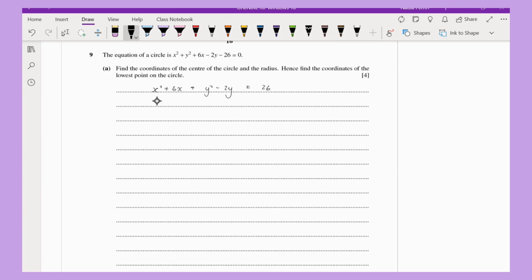So what we're going to do for this one is we're going to do x plus 3. So we're halving that number. And then we subtract that number squared. We do the same thing again. So we halve this number, subtract that number squared. All the numbers can then pop onto the other side.